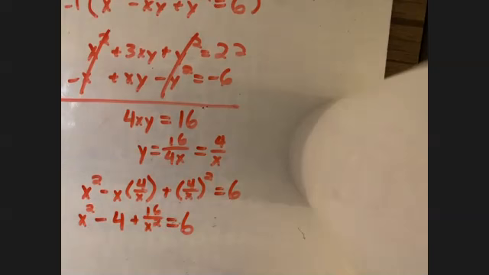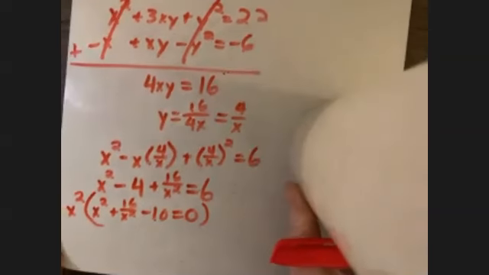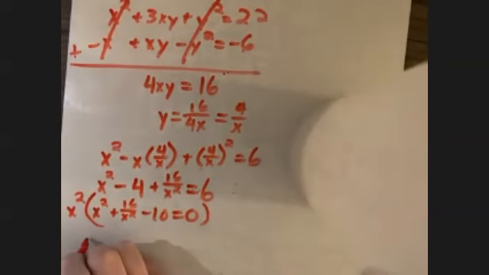Okay. Now I'm going to drag the 6 back across. Now, the next thing, we don't like this x squared down here on the bottom. So I'm going to multiply the whole thing by an x squared to make that go away.